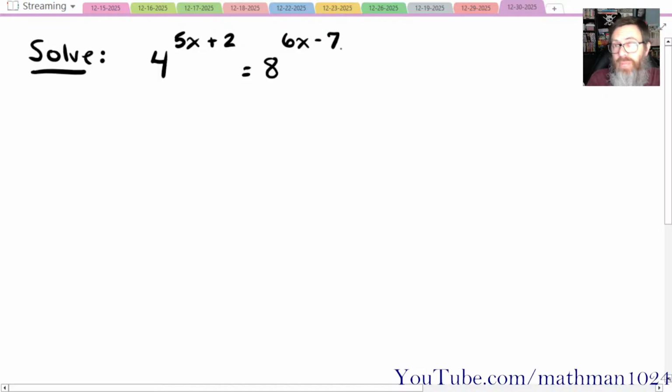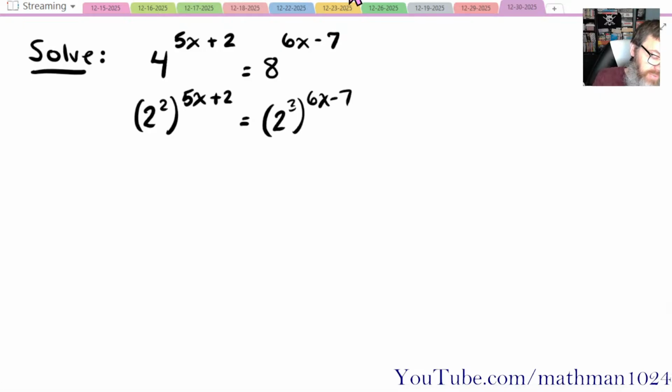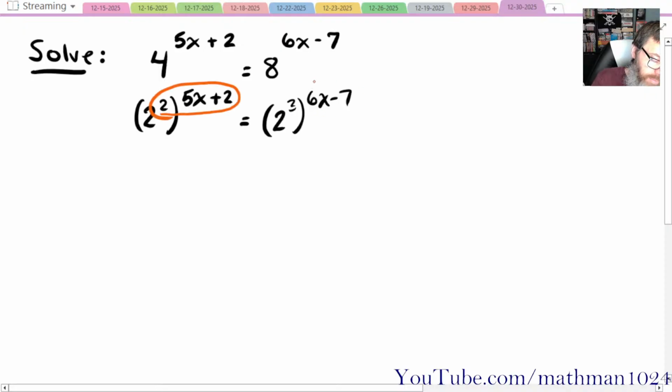We identify a common base, and then we are able to quickly solve this, right? So this is 2 squared to the 5x plus 2. 8 is 2 to the 3rd to the 6x minus 7. Power to power on both sides, so we multiply. That's 2 to the 10x plus 4 equals 2 raised to the 18x minus 21.